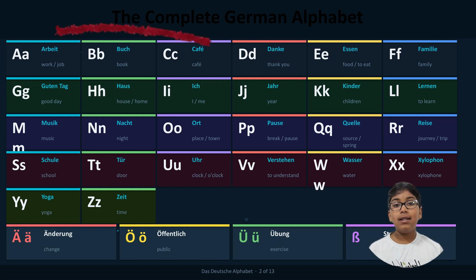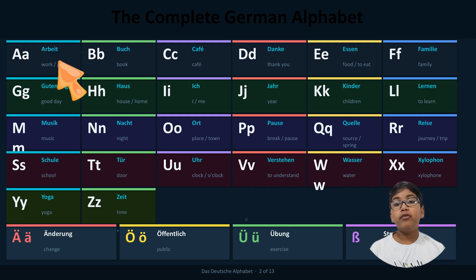A, B, C, D, all the way to Z. But here's the big secret. Even though they look the same, some of them sound very different in German. Each letter also has an example word next to it. For example, A is for Arbeit, which means work or job. And G is for Guten Tag, which means good day. We will go through every single one together.